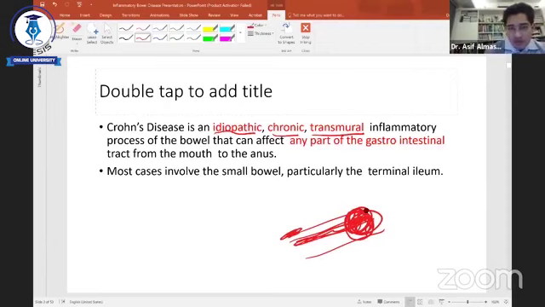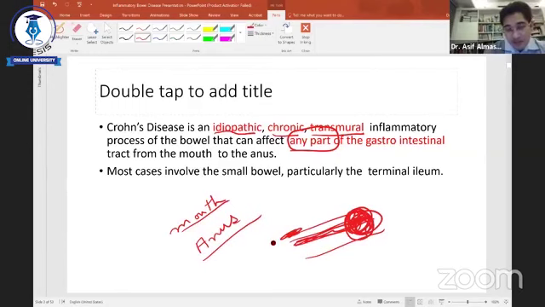It's an inflammatory process of the bowel that involves any part of the gastrointestinal system. This is very, very important. If you remember, ulcerative colitis, because it says colitis, involves mostly the colon. But Crohn's disease can involve any part from mouth to anus. It has predilections for certain parts, but any part can be involved.